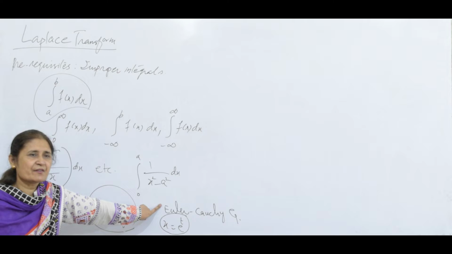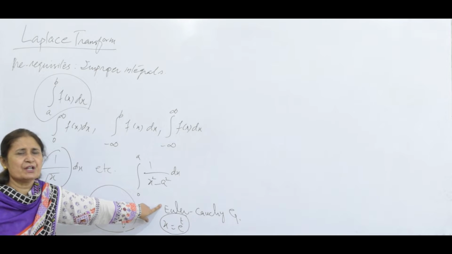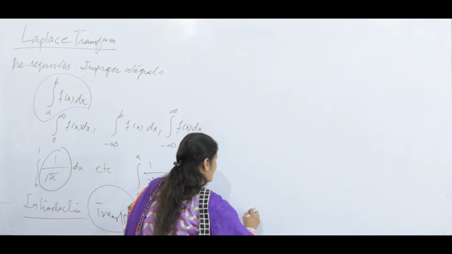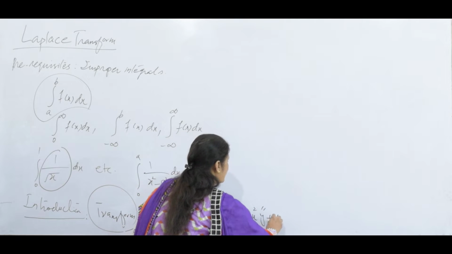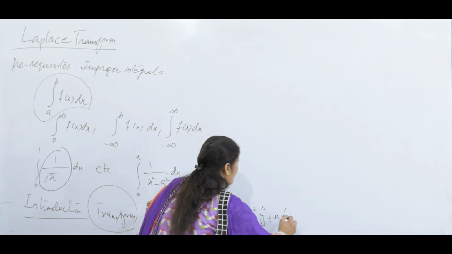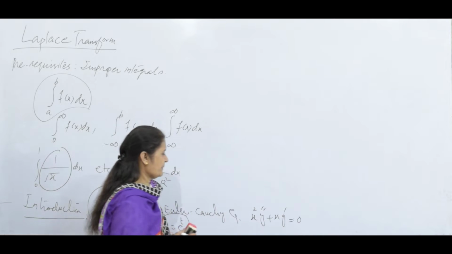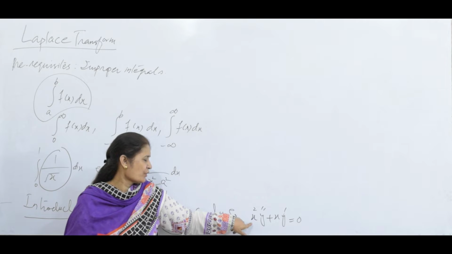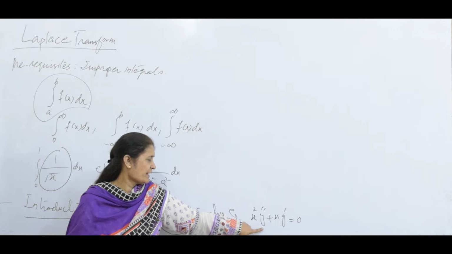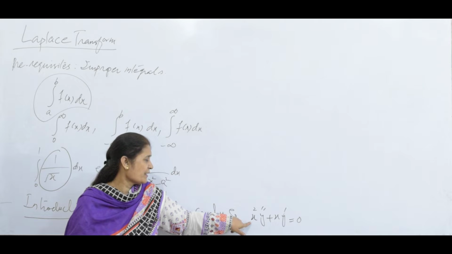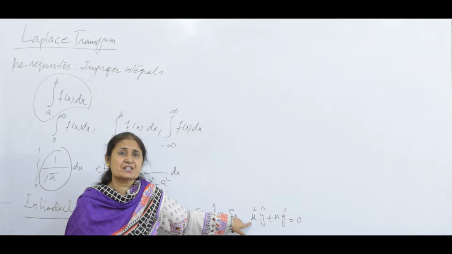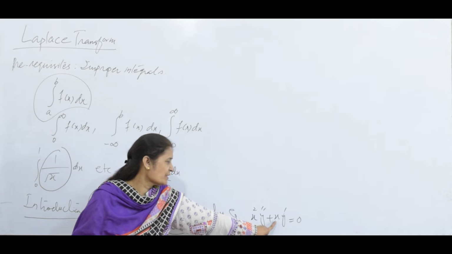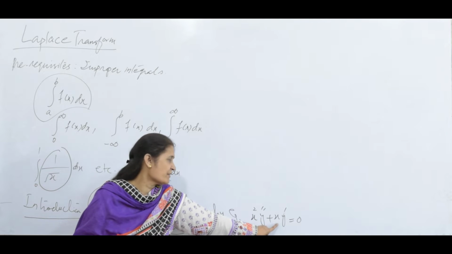In mathematics, we have this example, the Euler-Cauchy equation, which is a differential equation of the form, for example, x square y double dash plus x y dash minus y equal to 0. This is the Euler-Cauchy equation. The derivative of the unknown function is multiplied with the independent variable to the same power as the order of the derivative. Here the derivative is order 1, the independent variable is x.